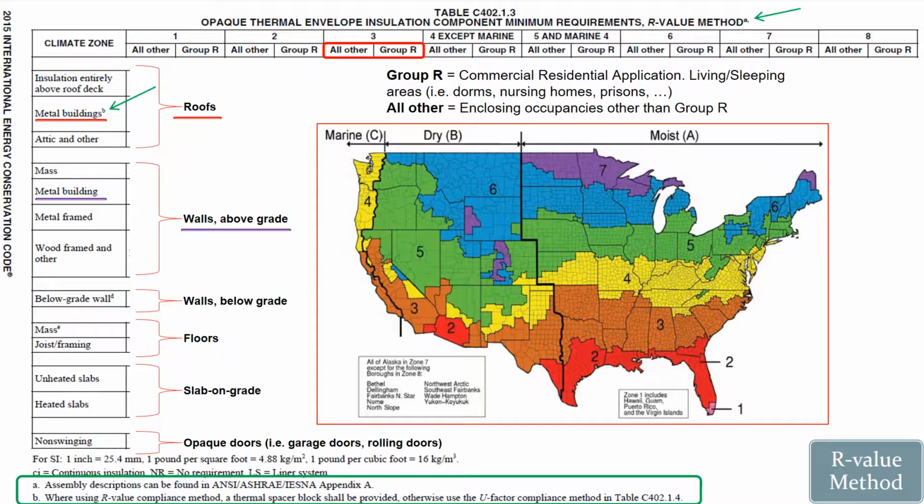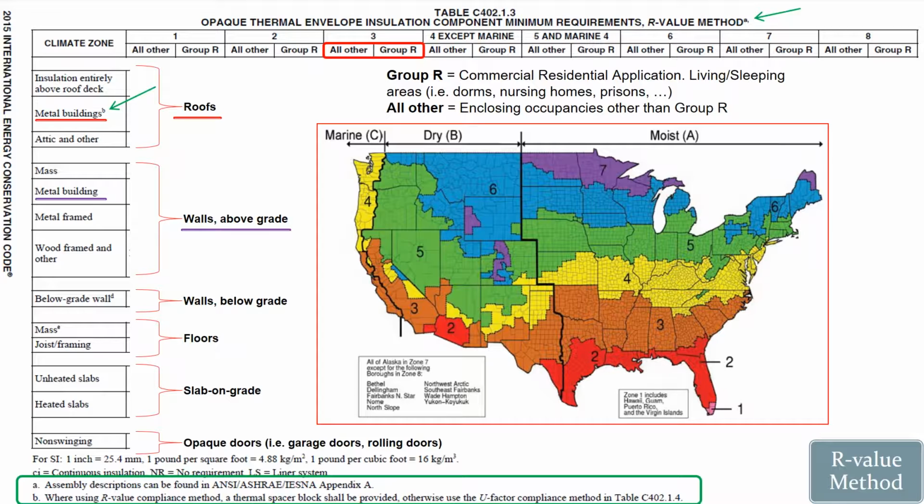It's not related to insulation, but for some reason they included it in this table. And for non-swinging, you would have opaque doors, such as garage doors and rolling doors, and there is a particular R value associated with these doors. So we'll focus in on metal building roofs and metal building walls.